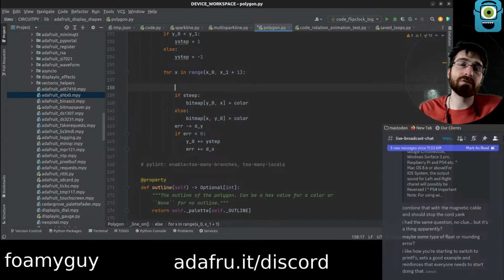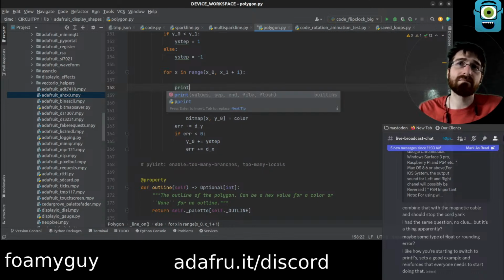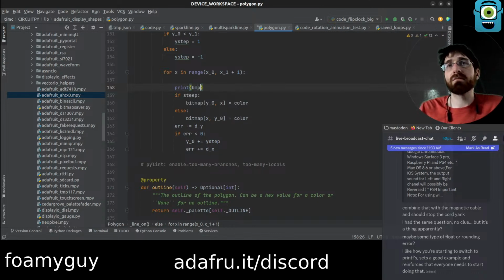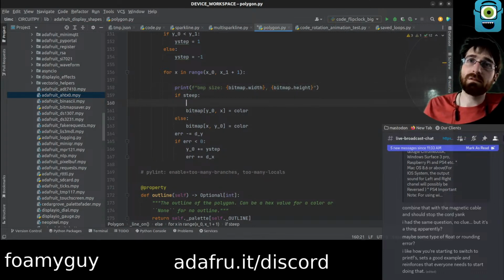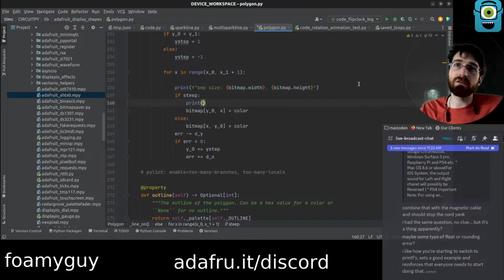Okay, so here's what we're gonna do. BMP size. And then inside of here, we're going to print the two that we actually use because I want them to be in the right order.